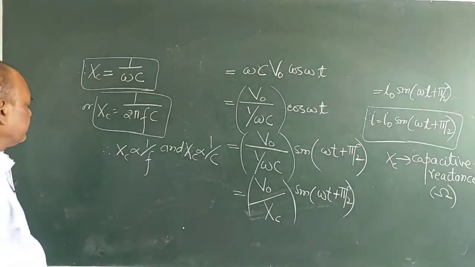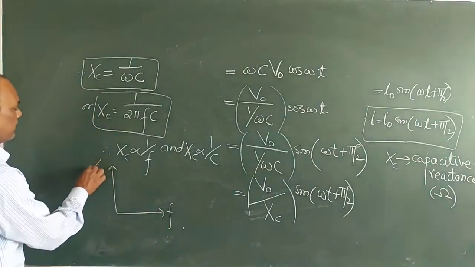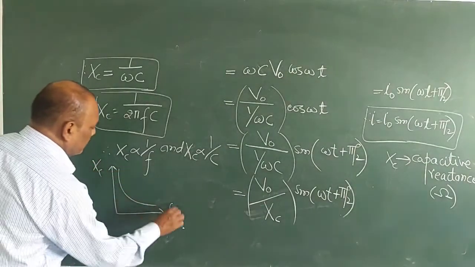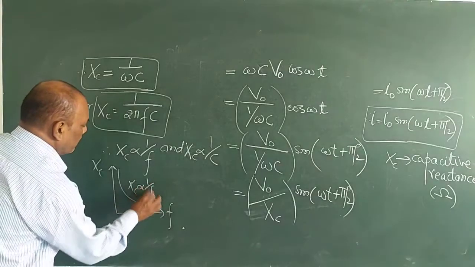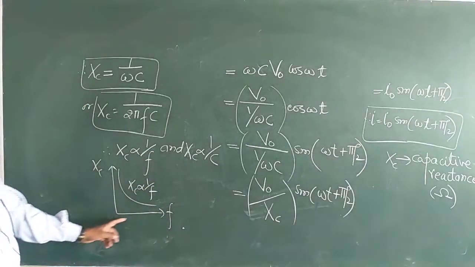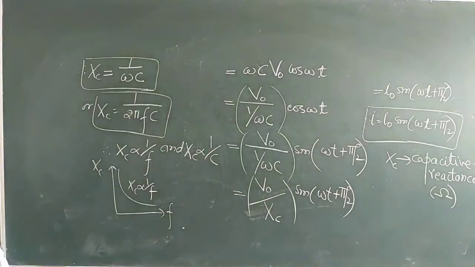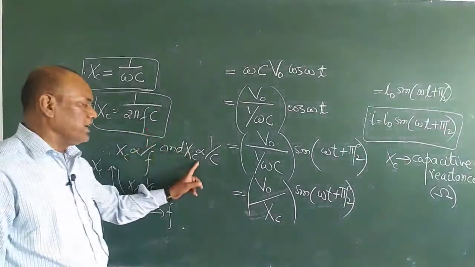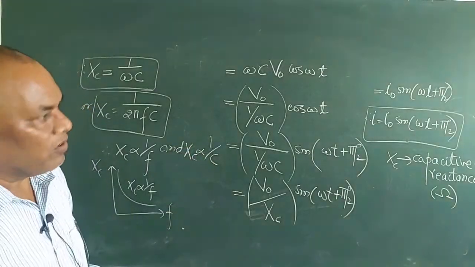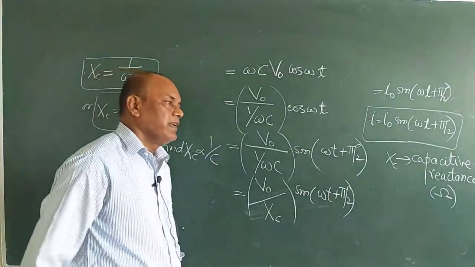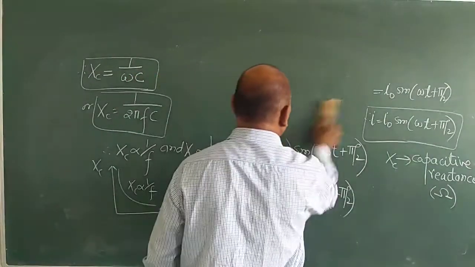If you draw the graph between F and XC, it will be decreasing because XC is proportional to 1 by F. Similarly, it is reciprocal to the capacitance. If the capacitance of the capacitor increases, then its capacitive reactance decreases.